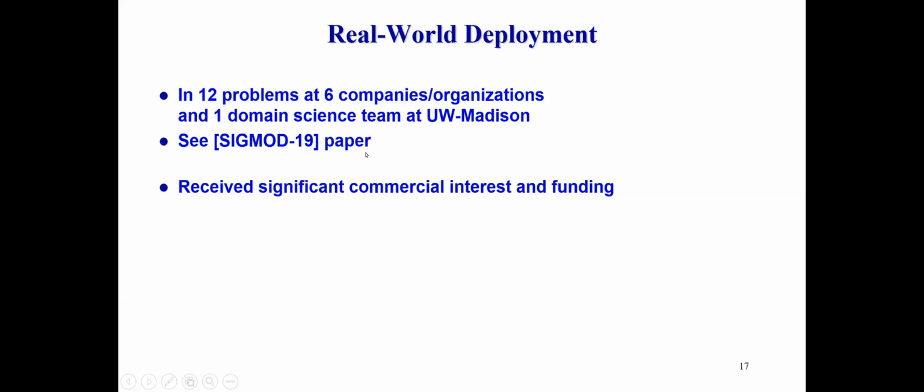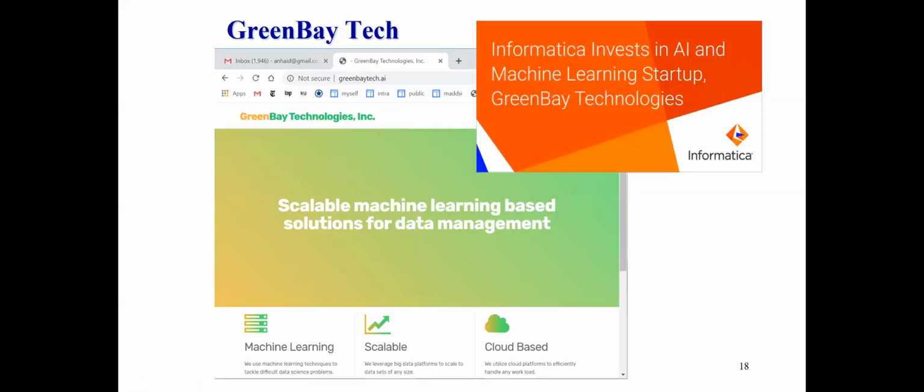Okay. So CloudMatcher has been used in 12 problems at 6 companies and organizations and in 1 domain science team, and there's a paper describing that in detail. It also got quite a bit of commercial interest and funding, and so I ended up doing a startup.